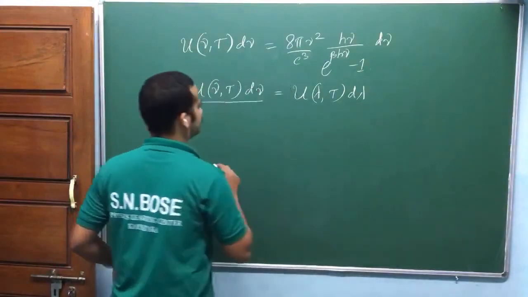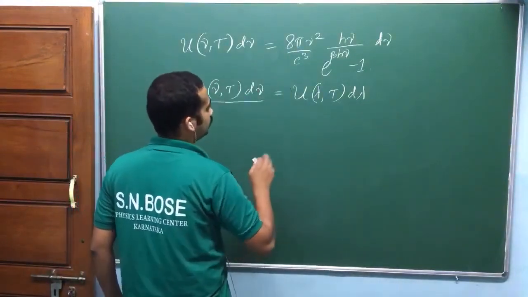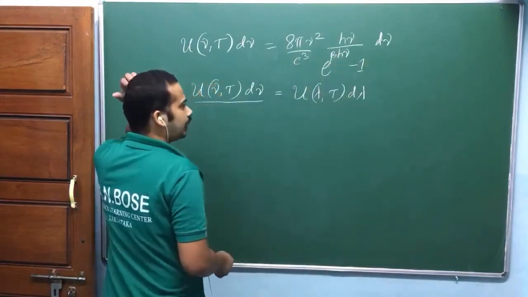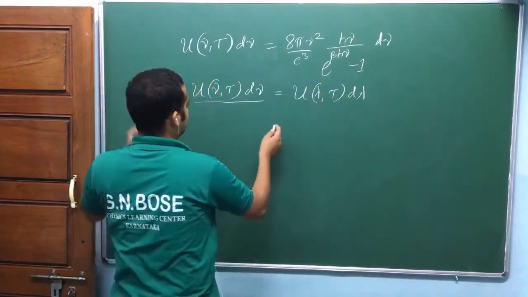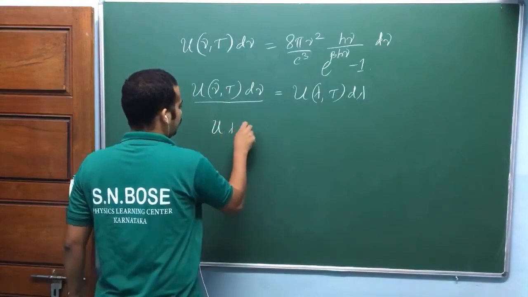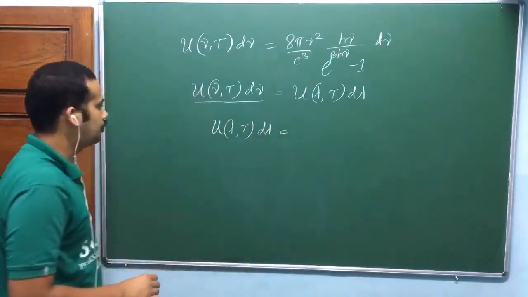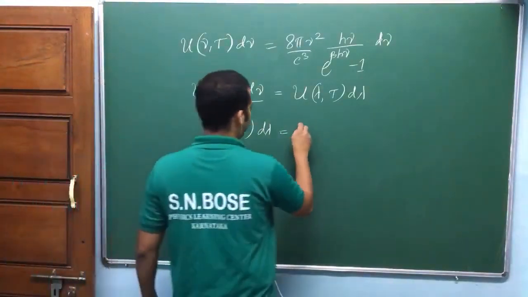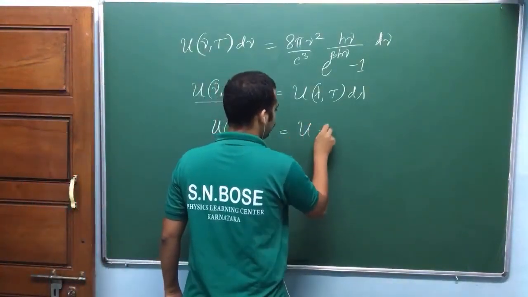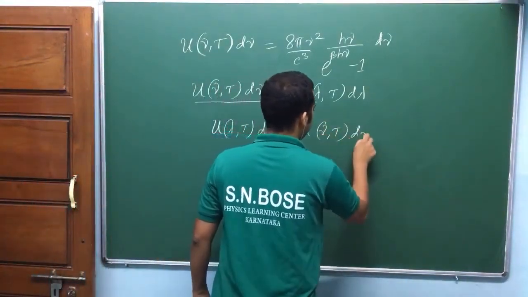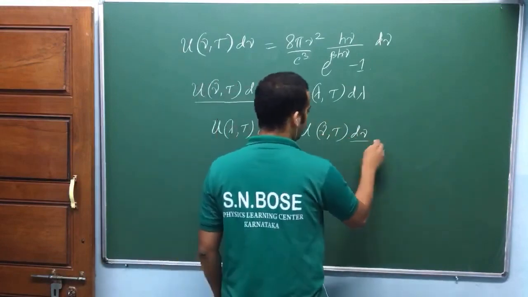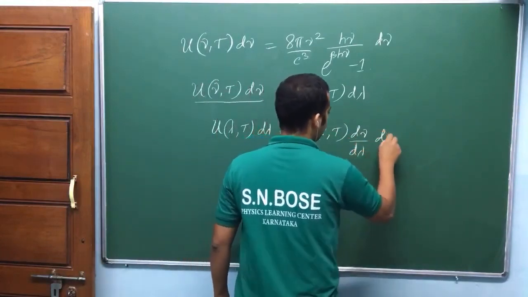What I do is write the whole thing in terms of lambda: u of lambda comma t d lambda is equal to u of nu comma t d nu. I will do d nu by d lambda into d lambda.